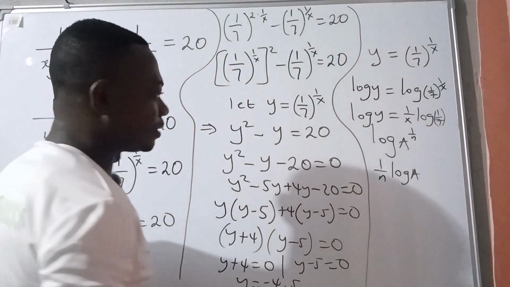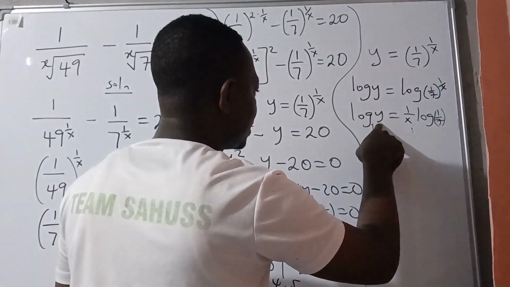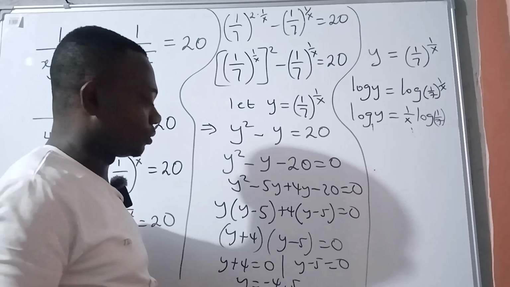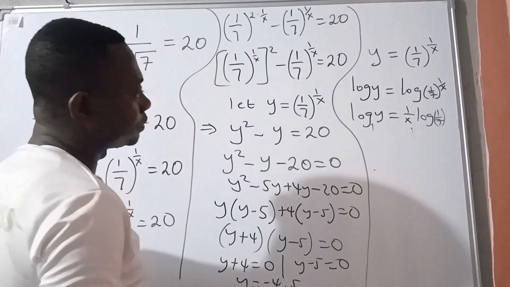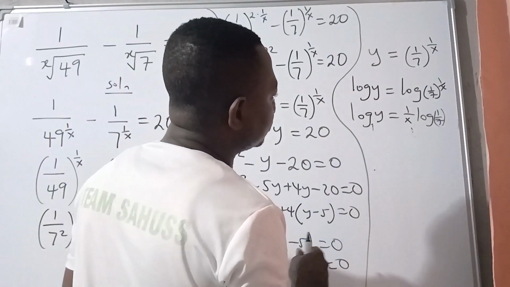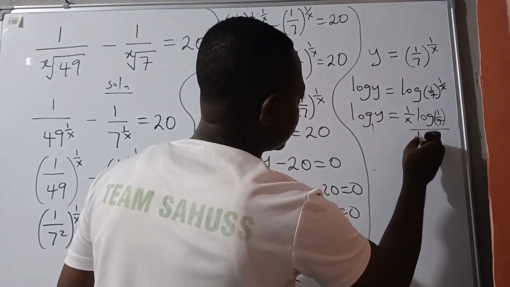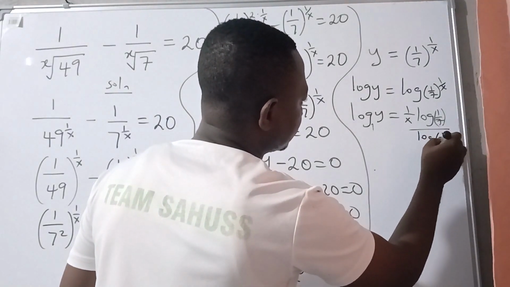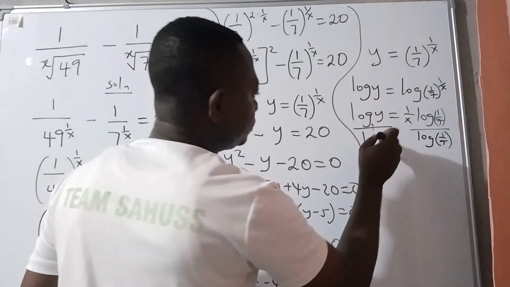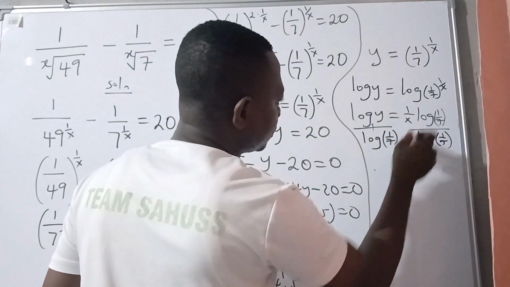All right, now having log y here, if you want to do the substitution, remember our answer here can't contain a negative number because you can't take log of a negative number. So negative 4 here is out. So we can only substitute the 5 here. Now if I divide both sides by log 1 over 7, this one is gone.